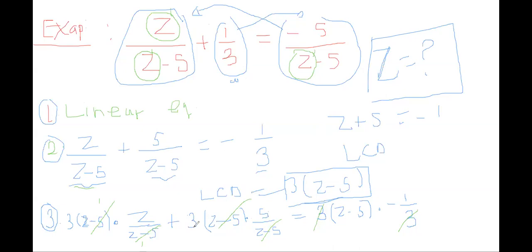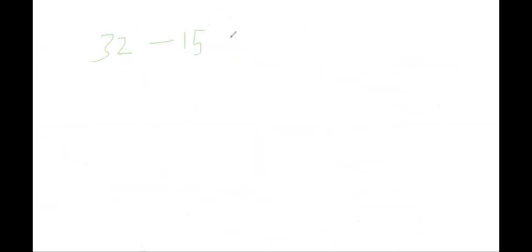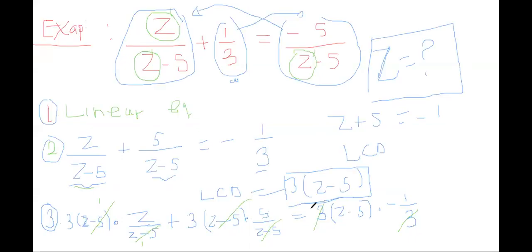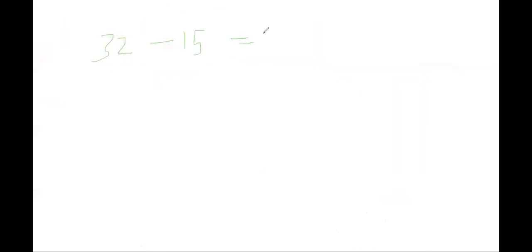Okay, so we go on, we are still on track. This will be 15 equals to, we cancel this and this. So this will be z minus 5. So we have this.